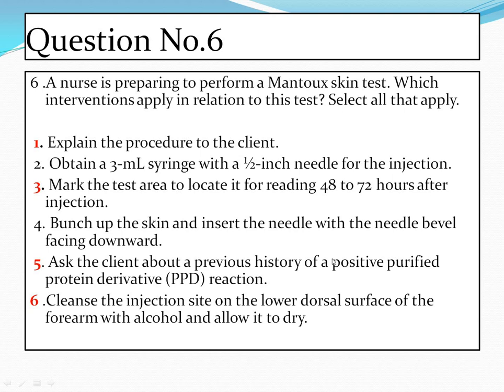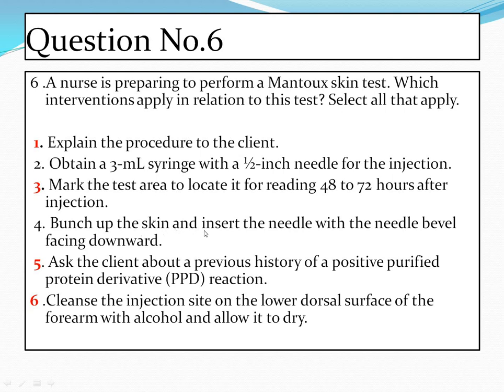Question number 6. A nurse is preparing to perform a Mantoux skin test. Which interventions apply in relation to this test? Select all that apply. Explain the procedure to the client. Obtain a 3 ml syringe with half-inch needle for injection. Mark the test area to locate it for reading 48 to 72 hours after injection.